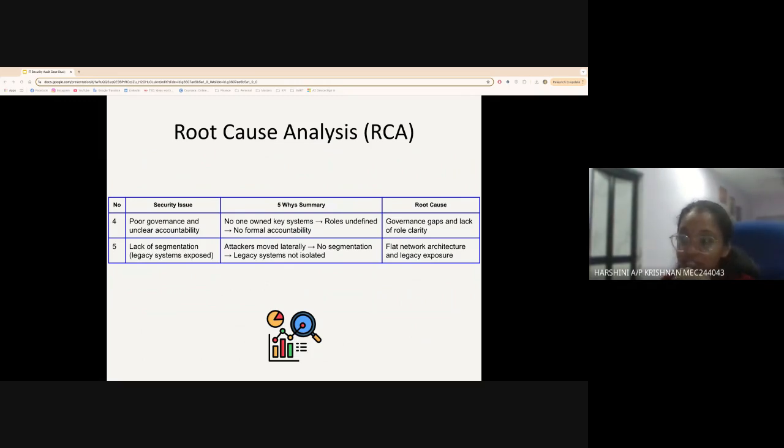Singtel's network lacked segmentation. Once the attacker got into the system, they had free access across the system, including older and more vulnerable machines. So these root causes underline the need for structural reforms, not just quick fixes.